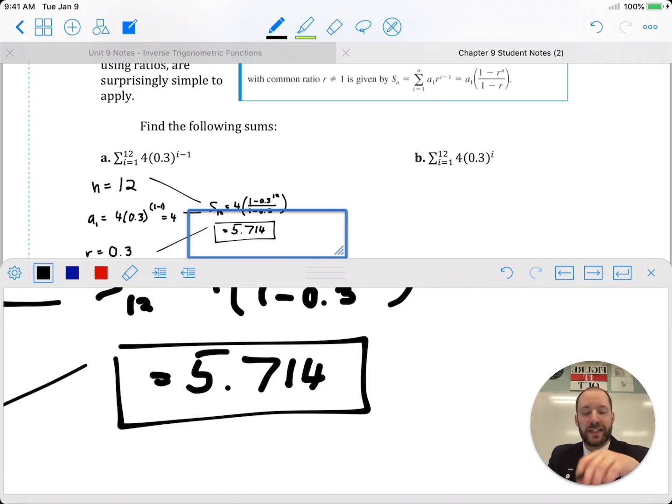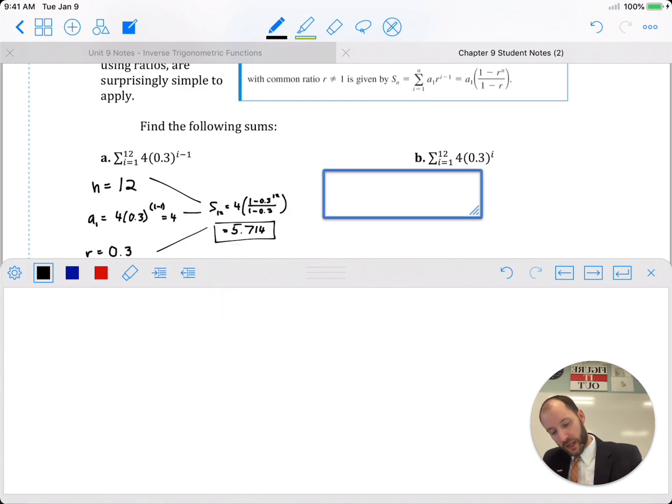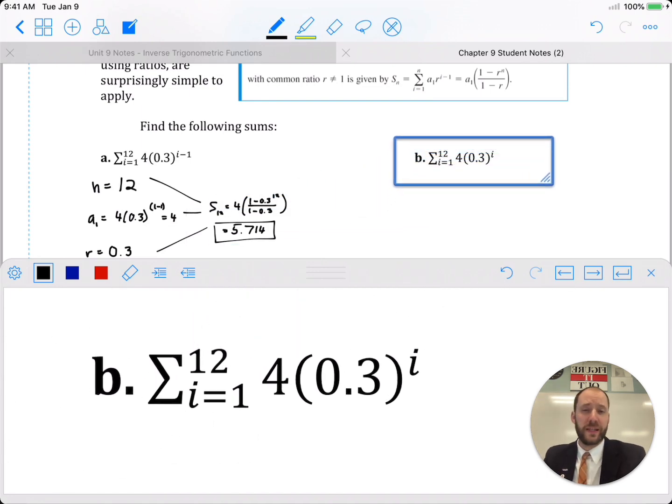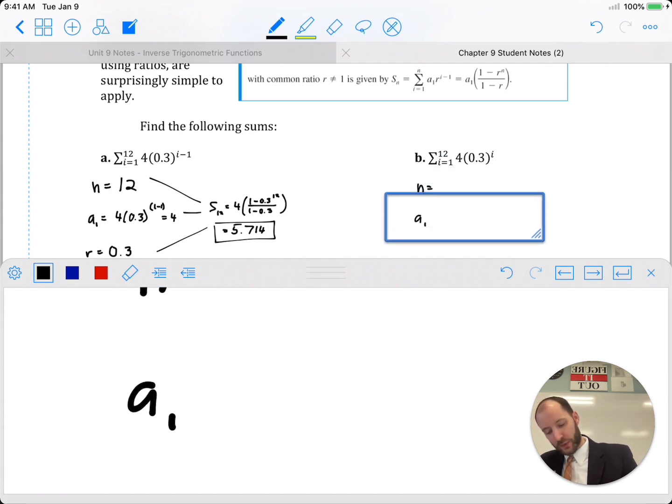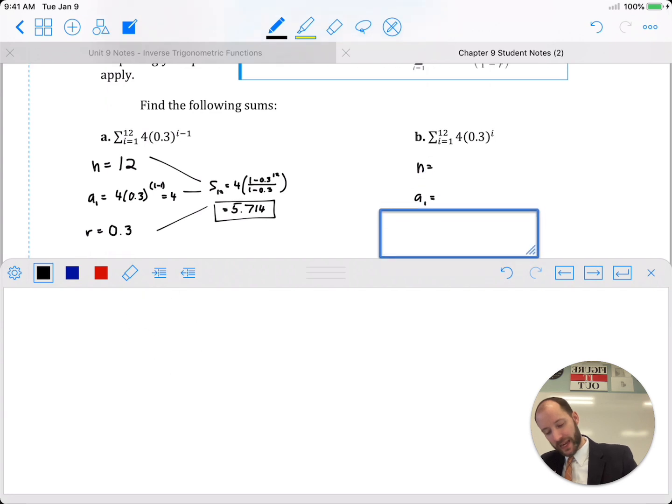Now let's look at example B. It looks pretty similar to example A, but there's one little difference in that exponent. So we want to find the three things we need: n, a sub 1, and r. R again, the number you're raising to a power, 0.3.